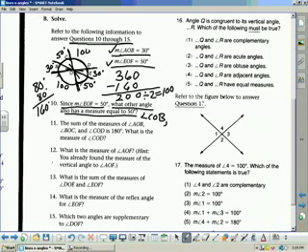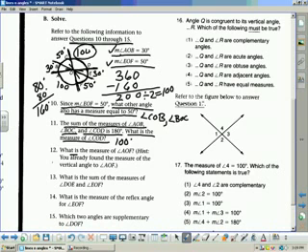Remember, we can also call angle COB angle BOC. Number 11. The sum of the measures of AOB, BOC, and COD is 180. What is the measure of COD? Come back up to our diagram. COD is 100 degrees.